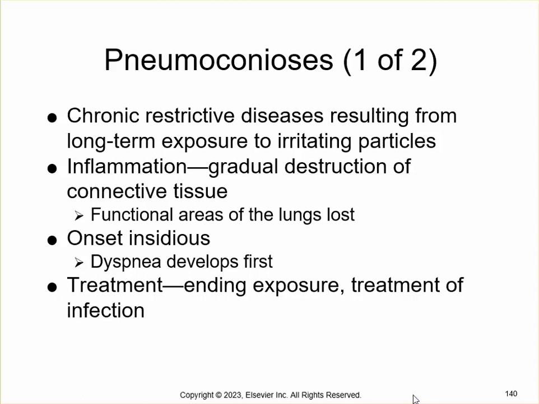A lot of times, especially long-term exposure to dust, results in irritation within the lungs itself. And that causes inflammation. And that can turn into chronic inflammation, which is histological change.